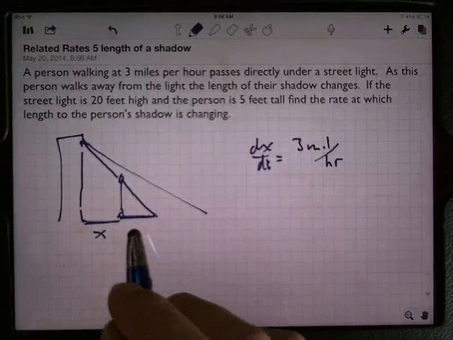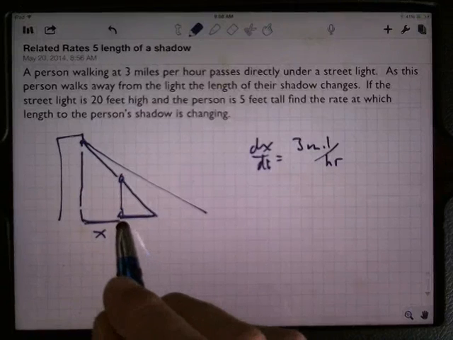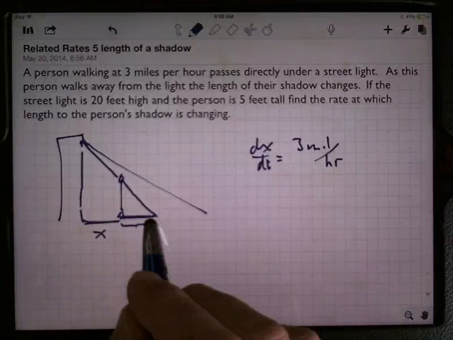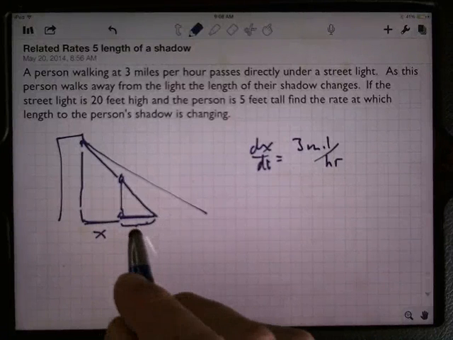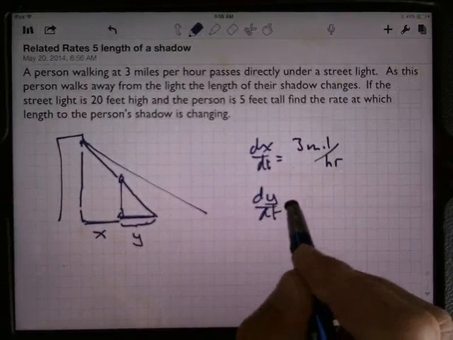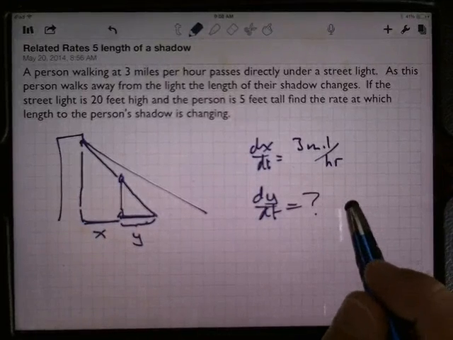We're looking for the rate at which the length of the shadow is changing. So let's call this length here something else, maybe y. dy/dt is what we're looking for. I don't know what it is; I'm trying to find it.